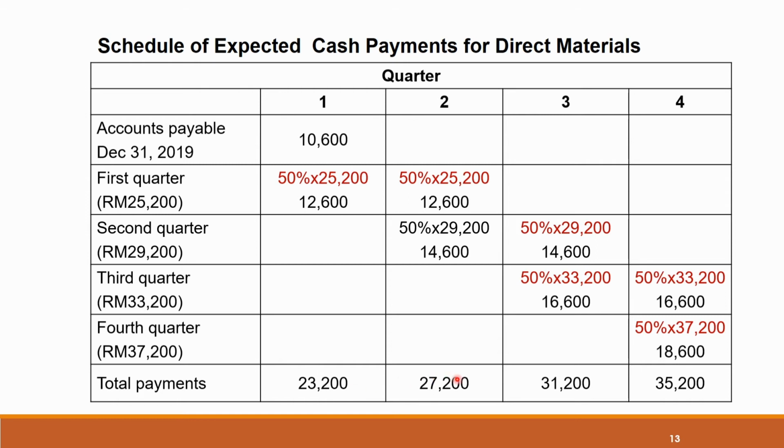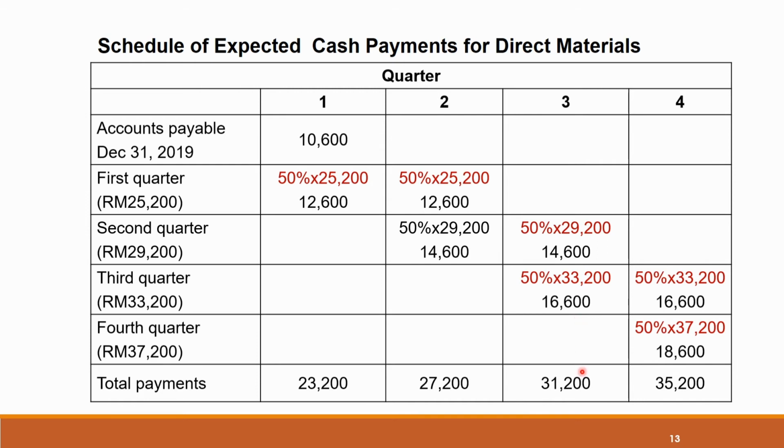For the second quarter, you add 12,600 plus 14,600 and the amount is 27,200. The third quarter, 14,600 plus 16,600 and you will get the total 31,200.